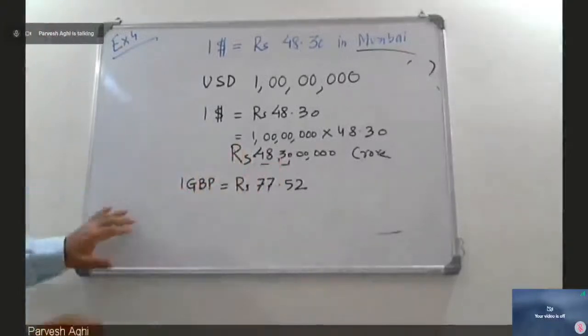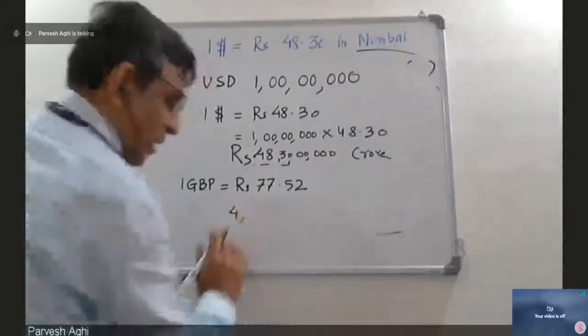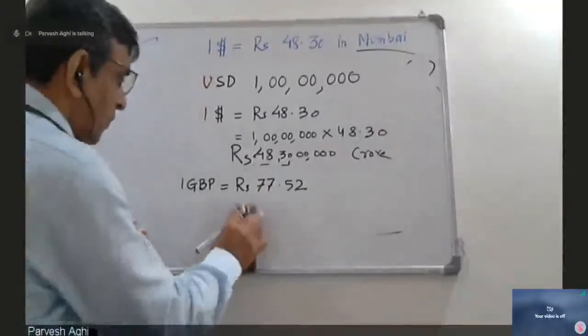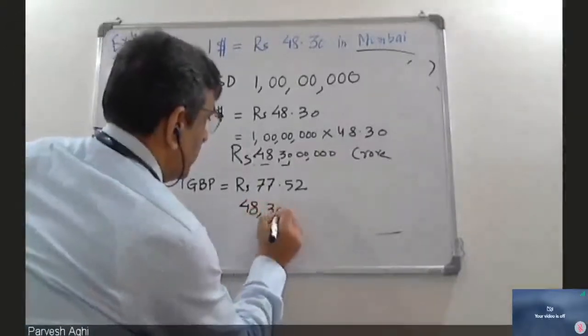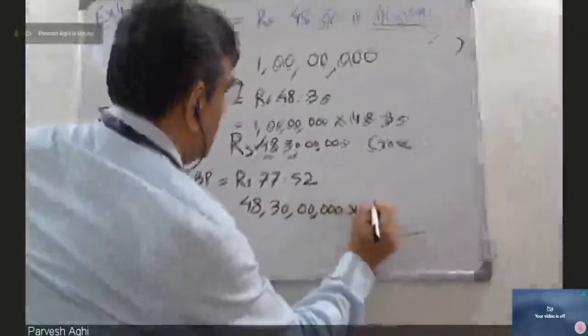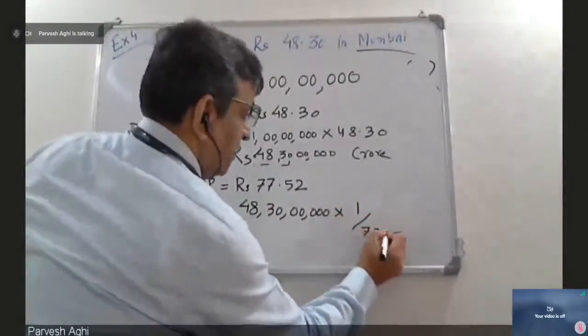Okay. So what we can simply do is that we can take this amount, 48 crores, and multiply this by 1 divided by 77.52.